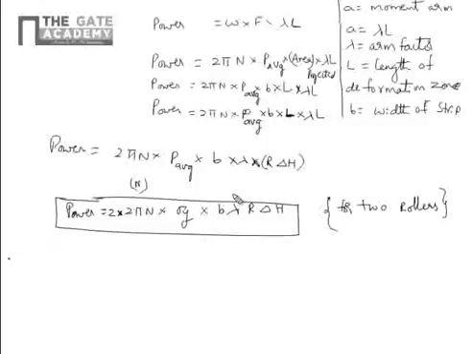To reduce the roller separating force or power required, force equals stress into area. Why we need to reduce it is, if more force or more stress is developed between the roller and the strip, there may be failure of the shafts.